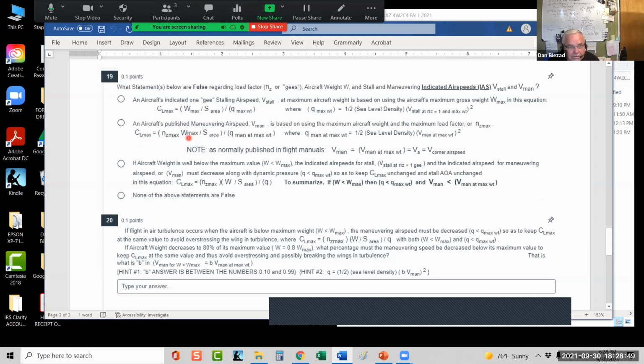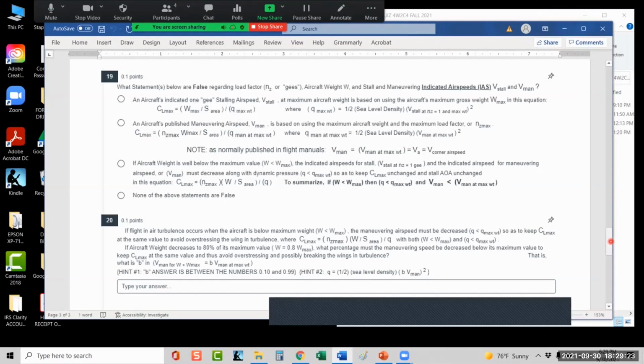Remember, if I go down the CL curve at maximum G's, I can pull more G's, and now I'll pull the wings off. So I want to keep 0.8. If this is 0.8, I have to get 0.8 down there on Q. If 0.8 is going to come out of Q, it has to go inside this square term. So V maneuvering speed must be the square root of 0.8, and when you square it, 0.8 comes outside. The 0.8 will cancel the 0.8 here, and you'll still have CL max. Does that make sense?